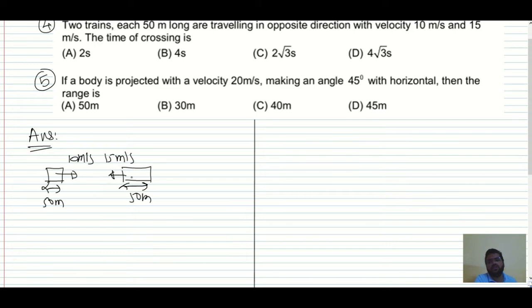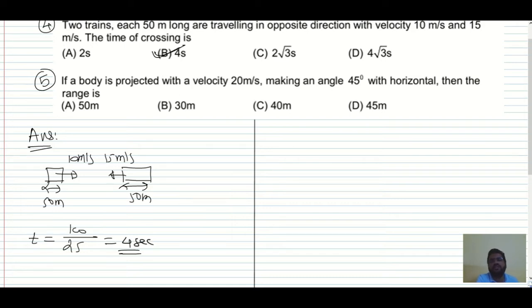The time of crossing, we want what is the time of crossing over here. Time of crossing t is equal to the total distance we have, 100, divided by total speed we have, 10 plus 15, 25, which is equal to 100 by 25, and that is 4 seconds. So it's very simple, 4 seconds.